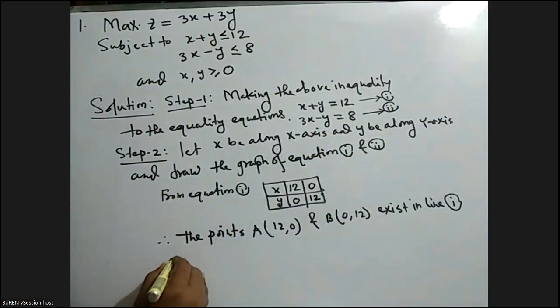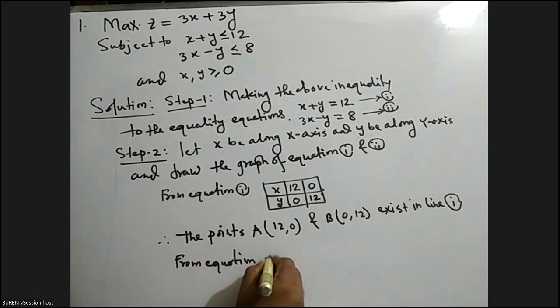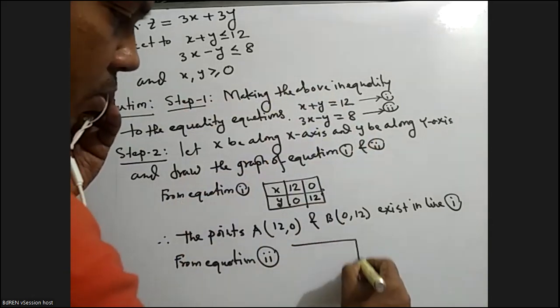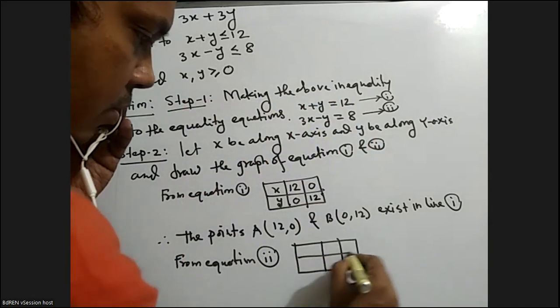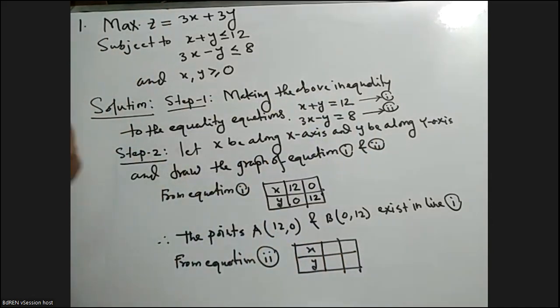Similarly, from equation 2, we can draw another similar box, one for x coordinate and another for y coordinate.